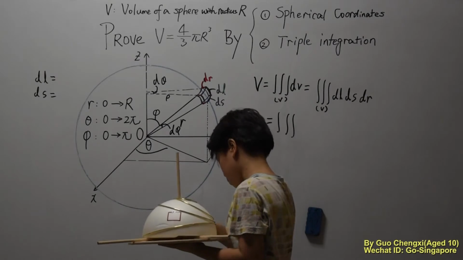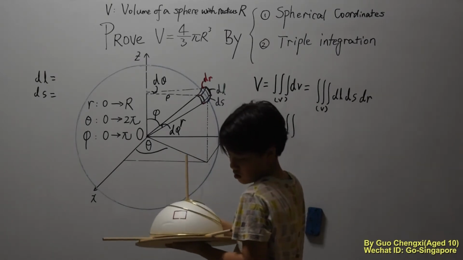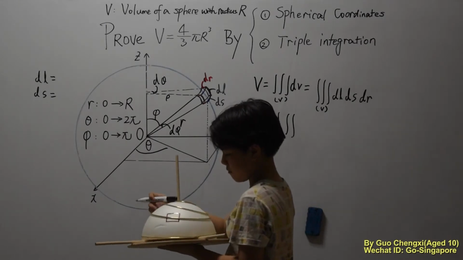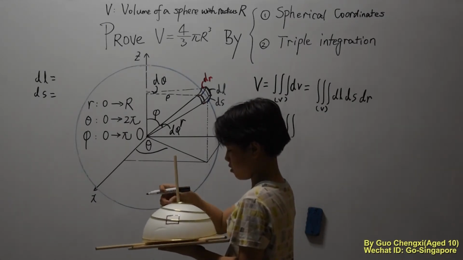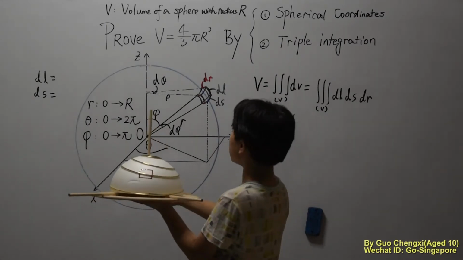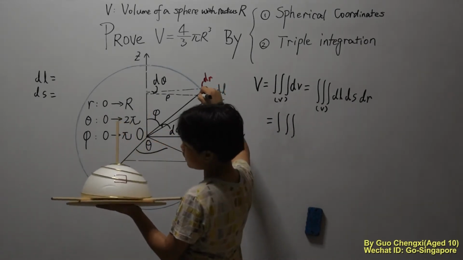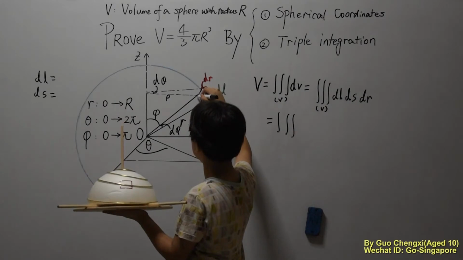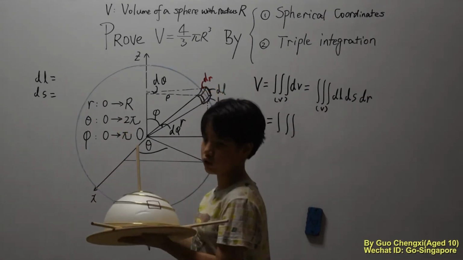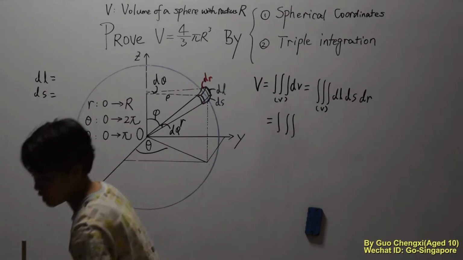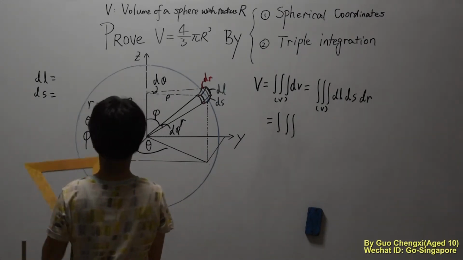Just wait a moment. Just like this, okay? If you want to find this length over here, what method do you use? You have a triangle over here.